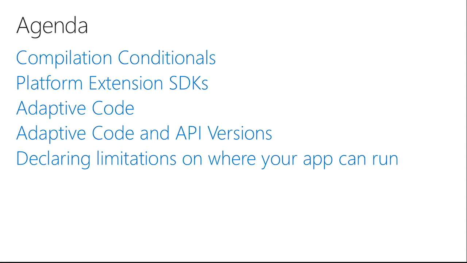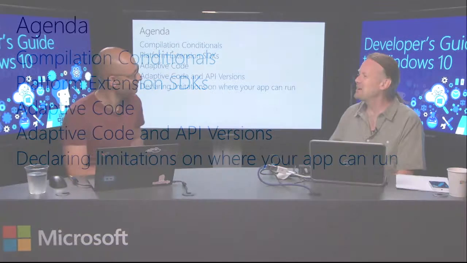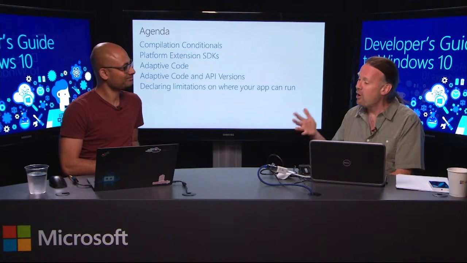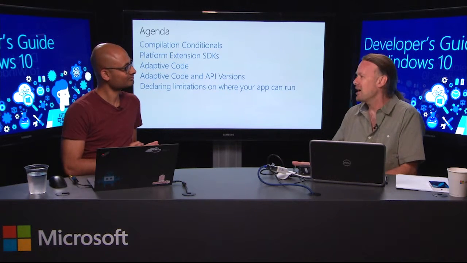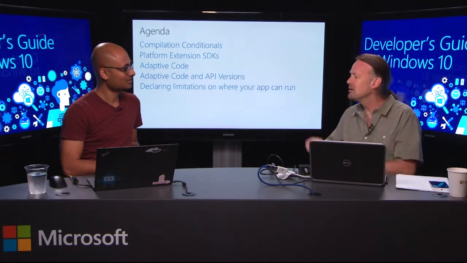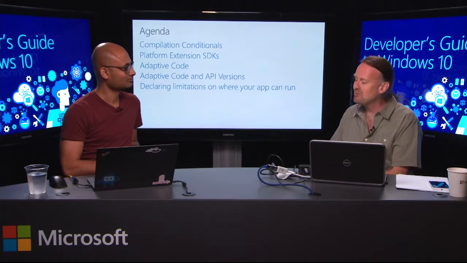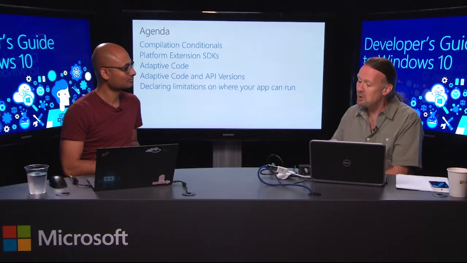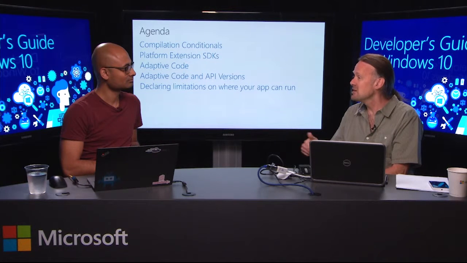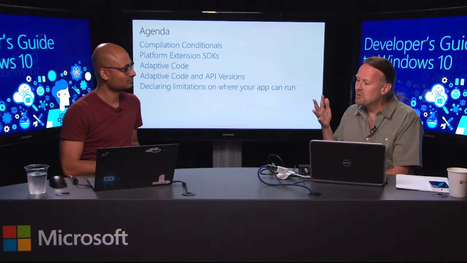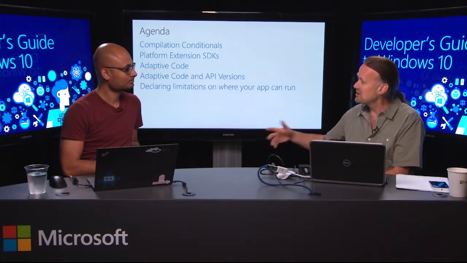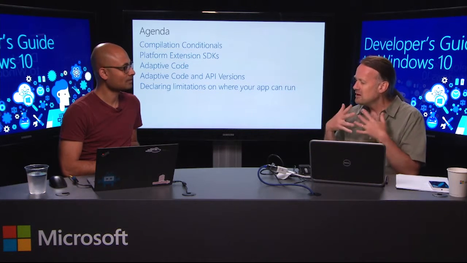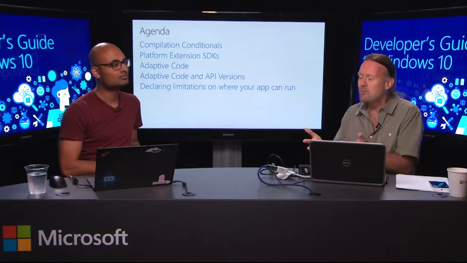No, that was 86.54. But anyway, a high percentage of all the APIs you're going to want to use in a typical app are going to be found in the UWP. But there are a few cases where specific APIs do specific things on specific platforms, and how do you take advantage of that, but not lose this nice one binary, one app package story that we've got, and one store and all the rest of it? So that's what this is about.